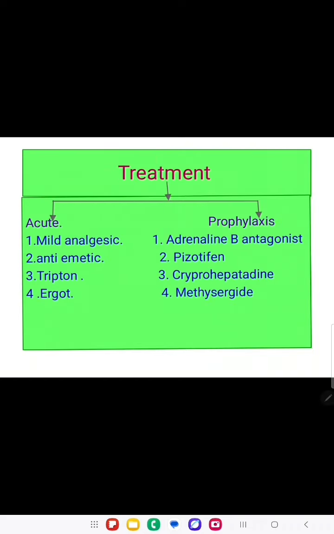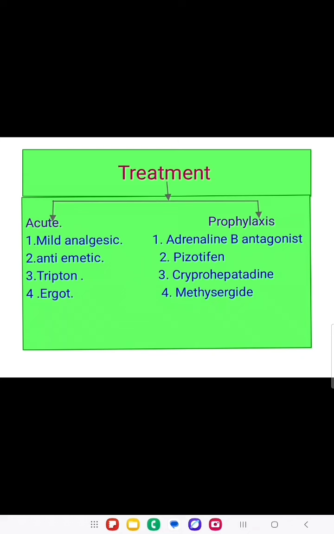Treatment. We divide it mainly into two types: acute treatment and prophylaxis treatment. We are mainly focusing on the acute-time treatment: mild analgesics, antiemetics, and triptan, ergot.